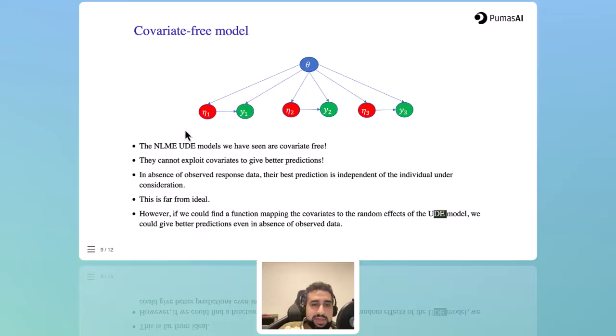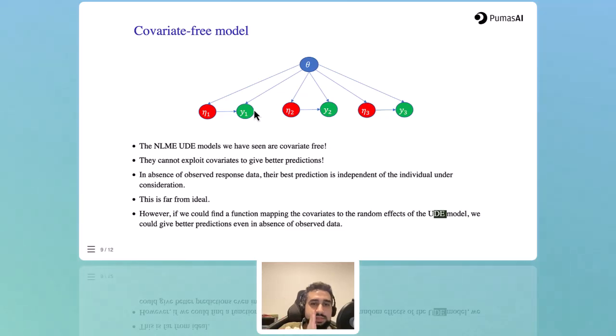If you find the mapping that goes from the covariates to the empirical Bayes estimates, the best values of the random effects that fit the data, that gives us the best individual prediction. If we're able to find such a mapping, then we get the same quality as the individual prediction having seen all of the observations.